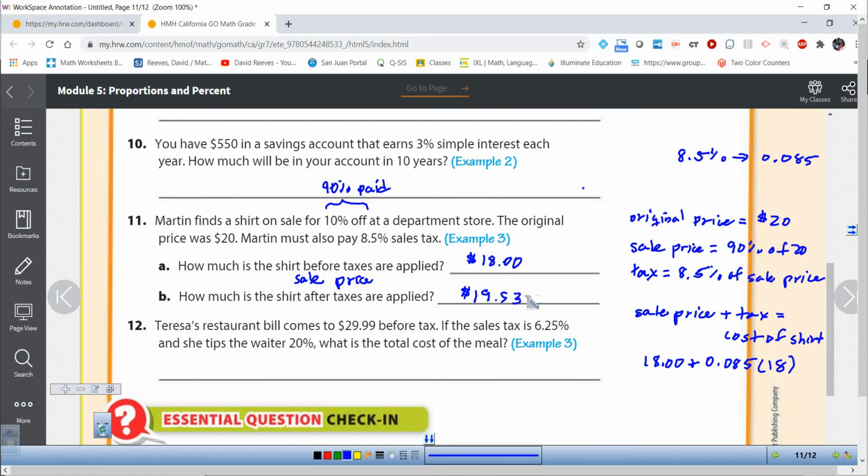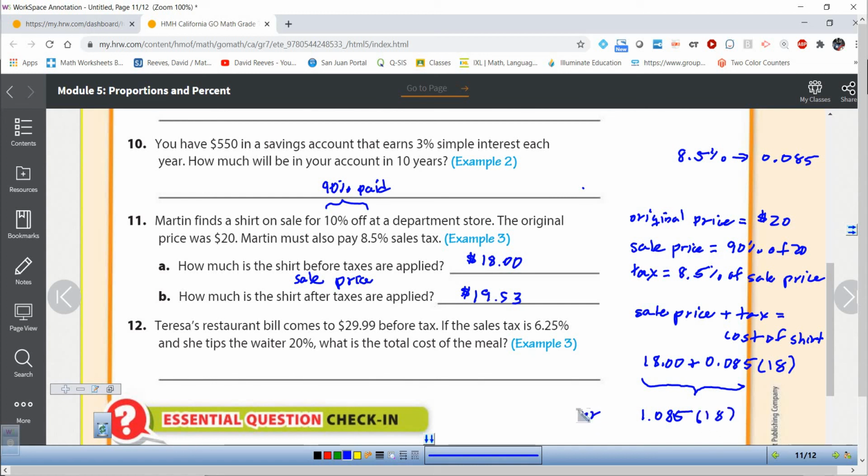$19.53. So if they were to ask you how much sales tax was paid, you could see the difference between these is $1.53. And again, I just want to remind you of that alternate method. Remember, if you have a sales tax of 8.5%, I could do 1.085, 1 plus the sales tax percent, times 18.